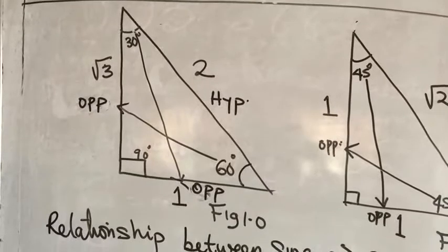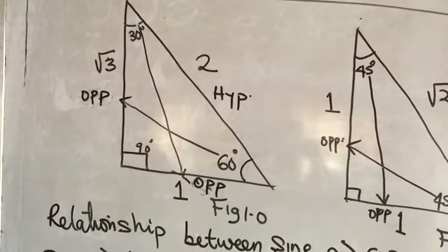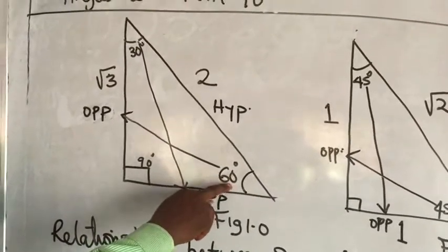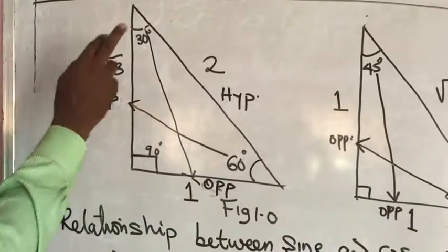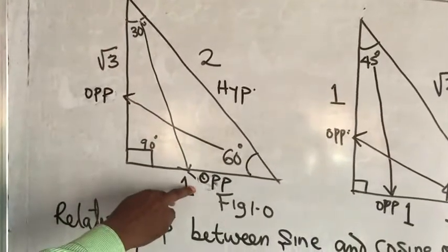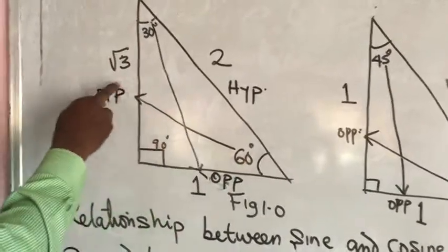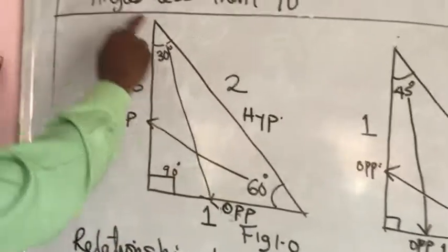They can change depending on the position of the angle you are looking at. For instance, as I'm looking at angle 60 degrees, I find that the opposite of angle 60 degrees is what? Square root 3. Immediately, the other side that is not known will be what? Adjacent. In other words, for angle 60, the opposite is square root 3, the adjacent is 1, while the hypotenuse remains constant, which is what?